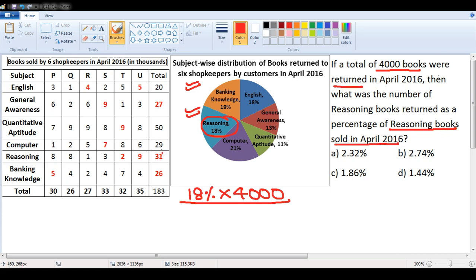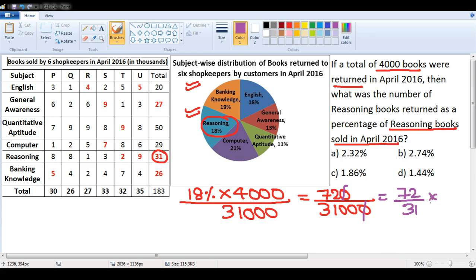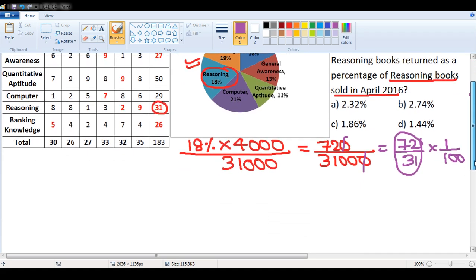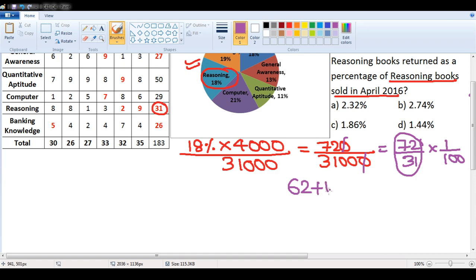Reasoning sold in April 2016 is 31. So 18 percentage of 4,000 is 18 into 40, which is 720, divided by 31 in thousands, so it is 31,000. If I simplify this, one 0 will cancel. So this becomes 72 divided by 31 into 1 by 100. 72 by 31 is 62 plus 10 by 31. 62 by 31 is 2. 10 by 31, 10 by 30 is 1 by 3, 33.33%.